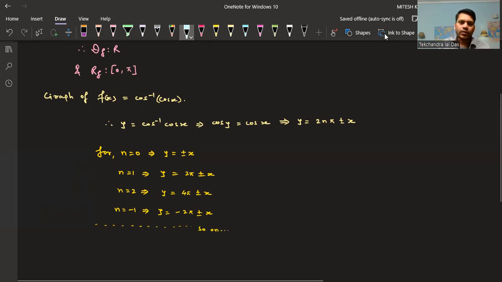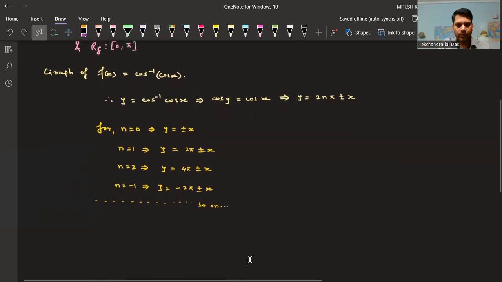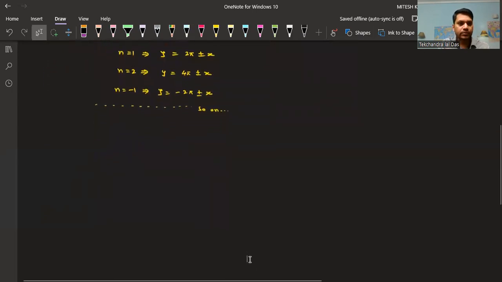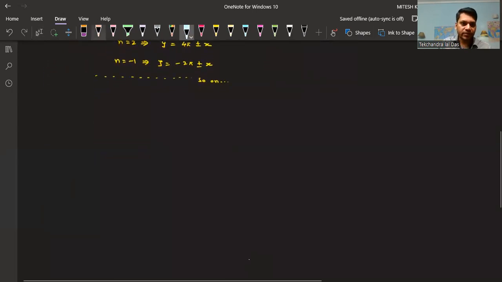Now let's draw the graph of these branches. Okay, and see the graph of this function. So let me draw the axis here, coordinate axis.